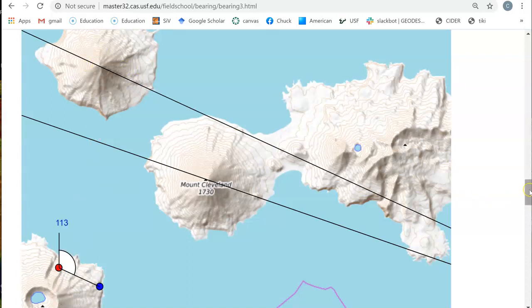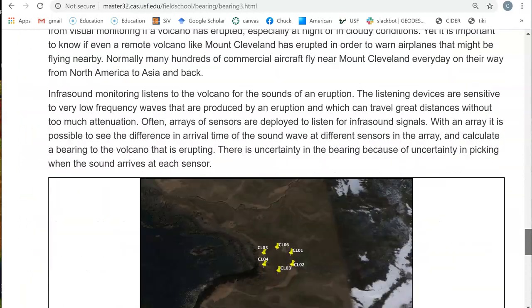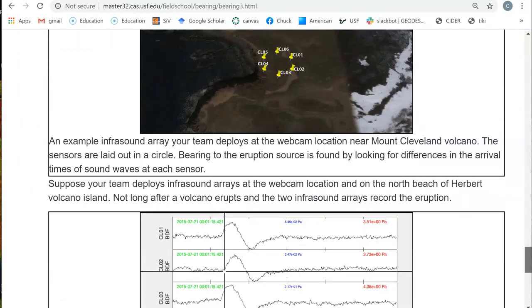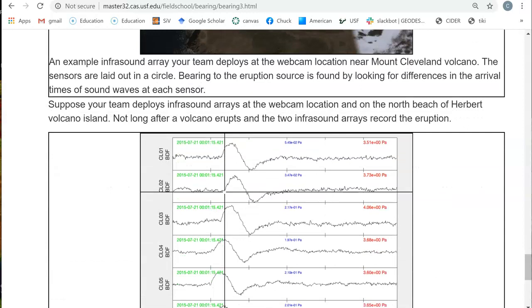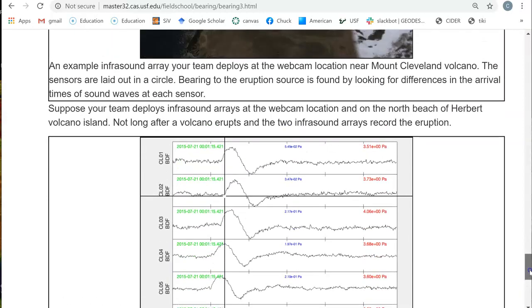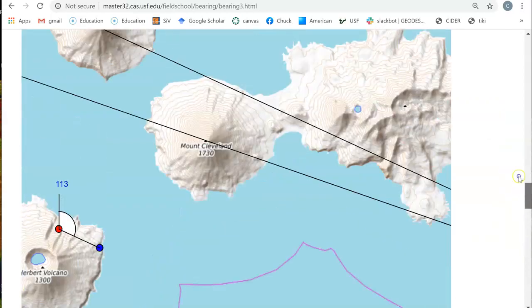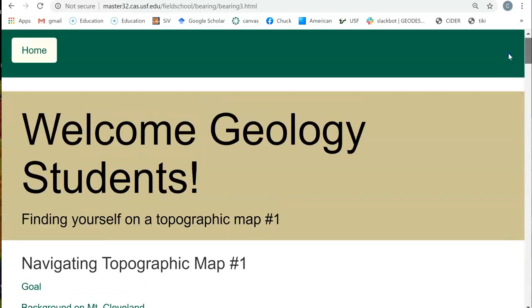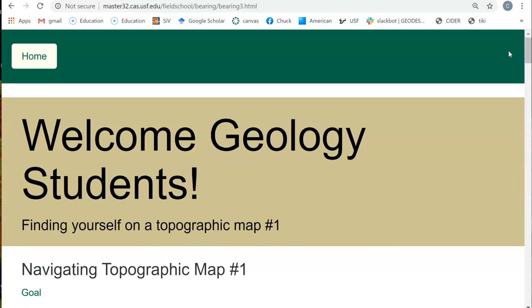And then they further looked at the analysis of instrumentation called infrasound in order to get an idea of how bearings are used by volcano scientists to locate the source of volcanic eruptions and that sort of thing. So the pages were fairly elaborate, but we were able to put them together relatively quickly. And the idea was simply to give them the experience of working with real geologic data in a fairly controlled environment, which was the web page that we created.